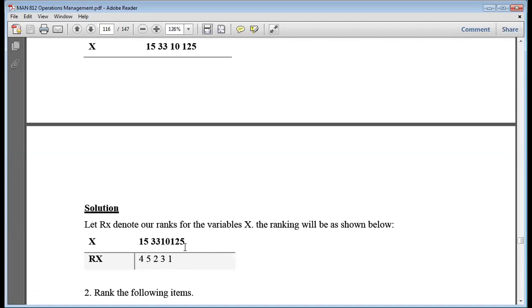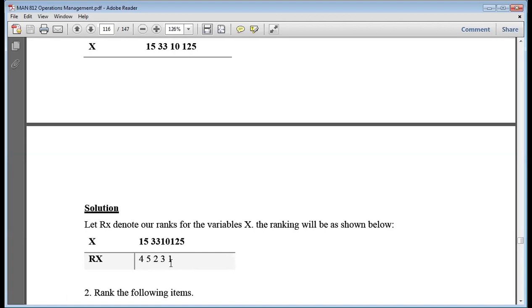First of all, the least one you put as 1, and you keep ranking up to the highest.